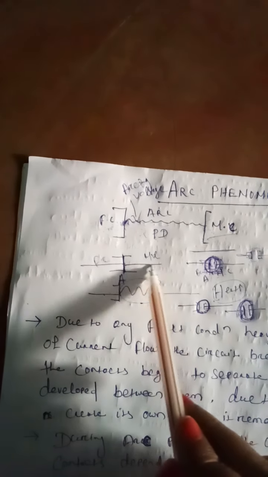But in a no fault condition, the moving contact and fixed contact remain close to each other, there is no air gap. But when any fault occurs, an air gap arises in between the fixed contact and moving contact.